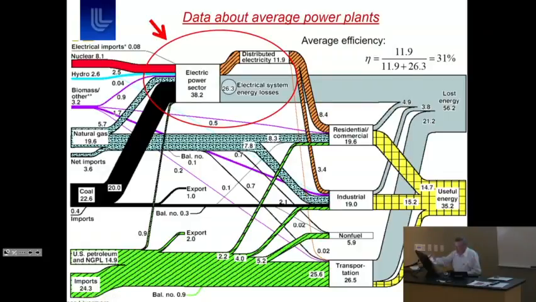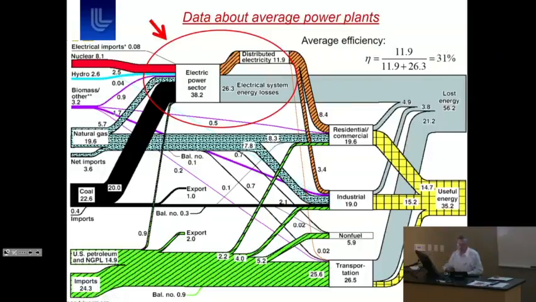That's either as loss or as electric power. Now, the ratio, therefore, of electric power over the total, that is work over work plus Q out, which is Q in, is the efficiency of the system. And the efficiency of the system, therefore, is 12 over 12 plus 26, which is 31%.